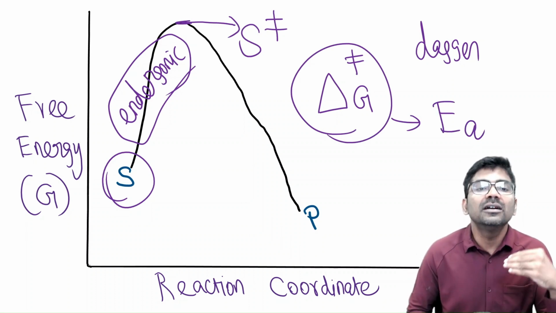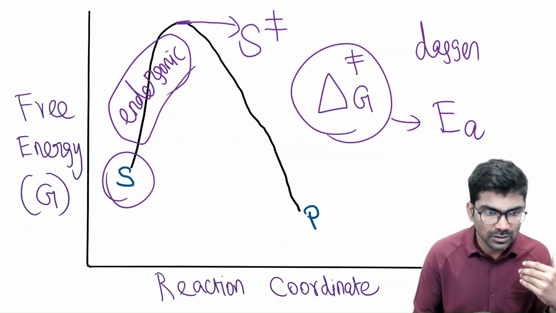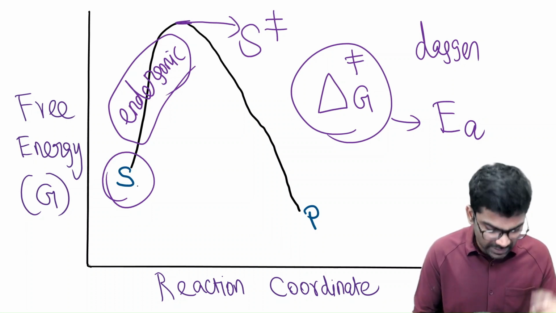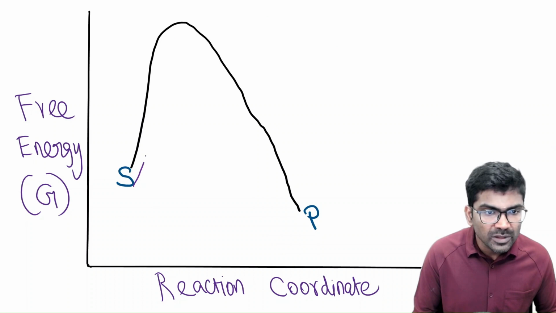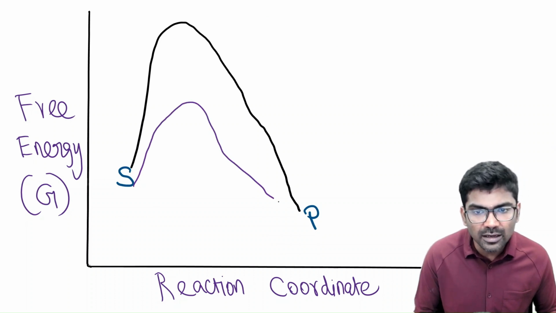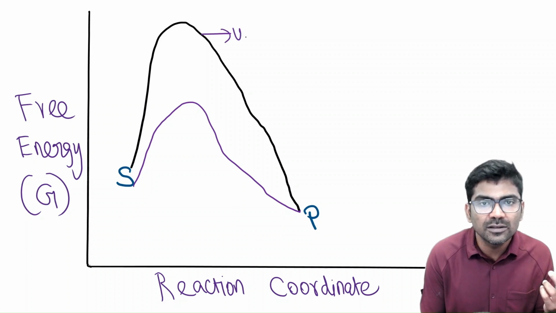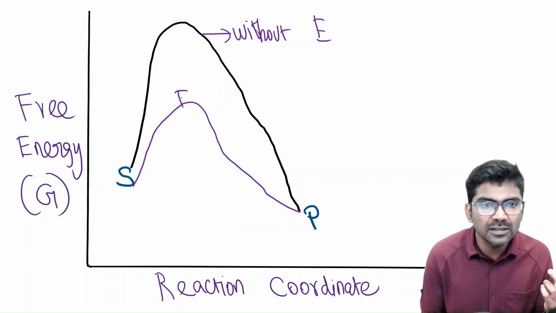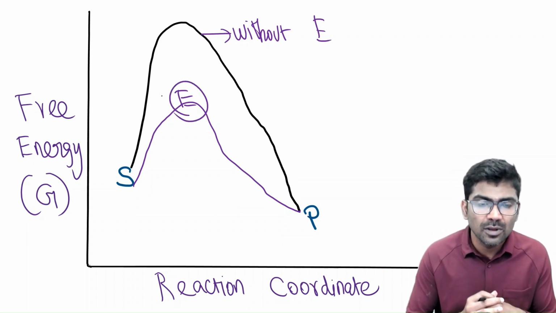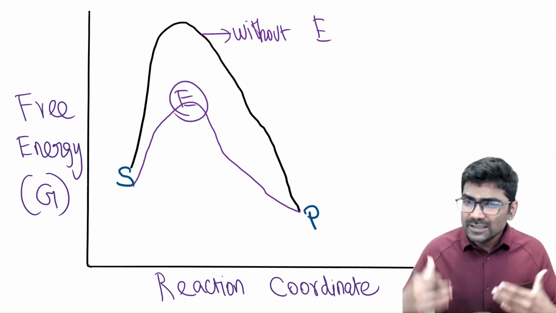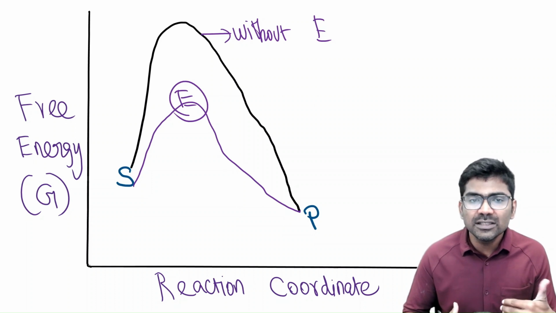Enzymes decrease the activation energy. Okay, so in an enzyme catalyzed reaction, what is going to happen? They will take a different route and they will decrease the activation energy. So this is without enzymes and this is with enzymes. How do enzymes decrease the activation energy?